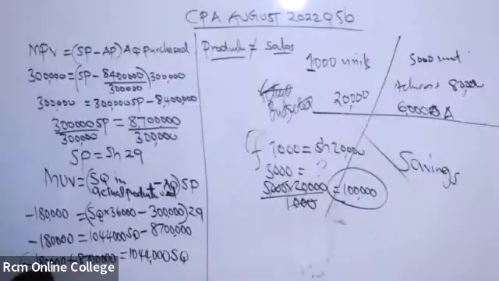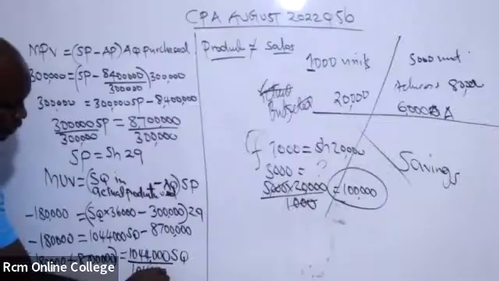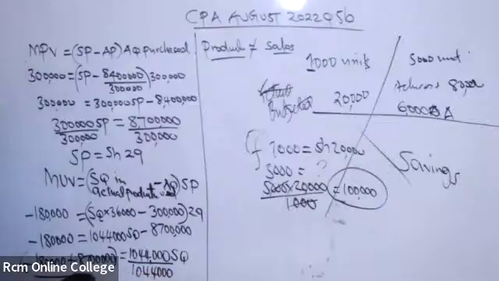So can we get the net amount here? And then we divide by 1,044,000. All of this divided by 1,044,000. So what is our standard quantity?